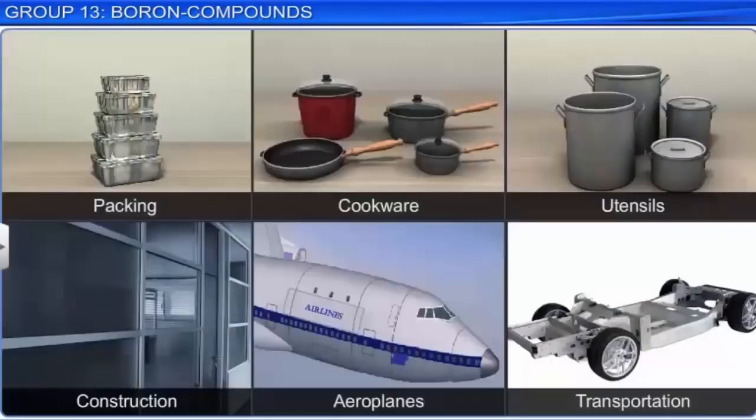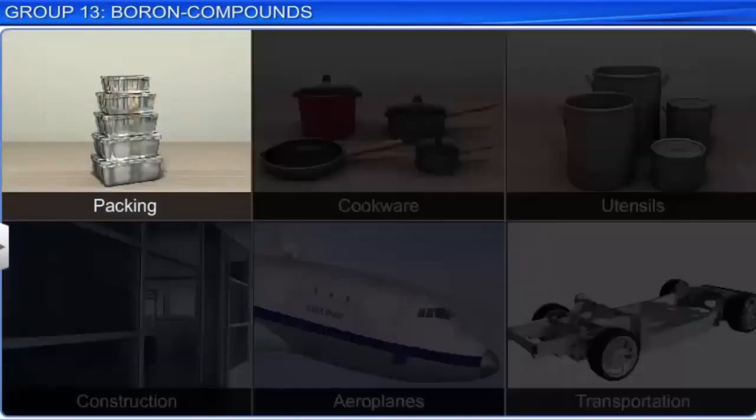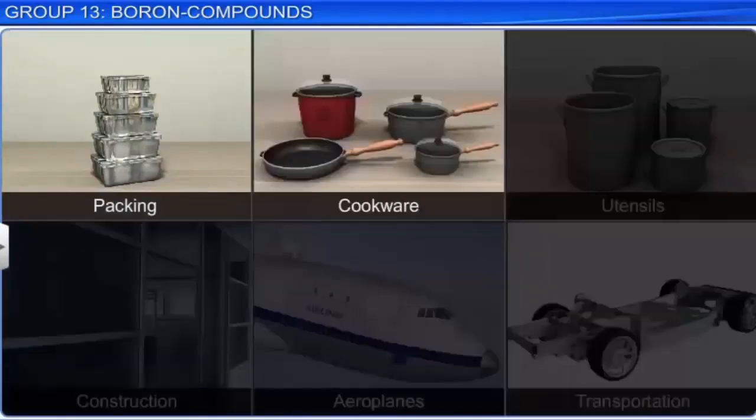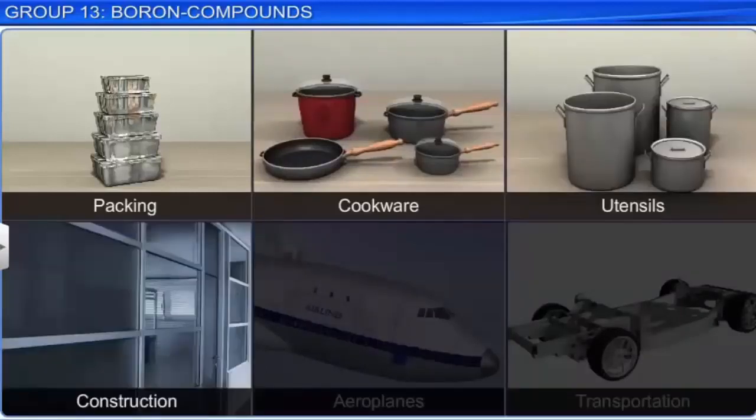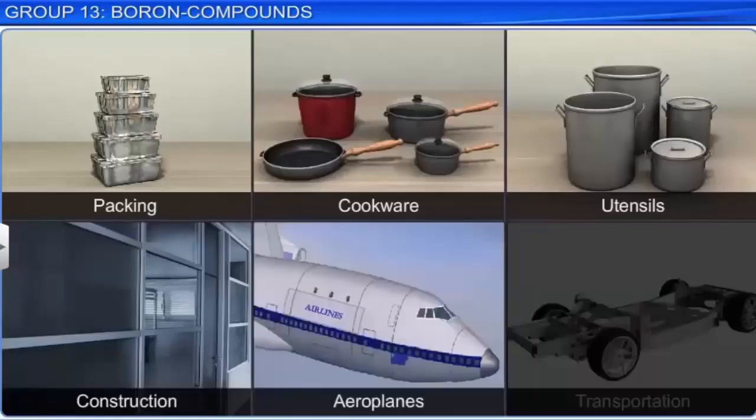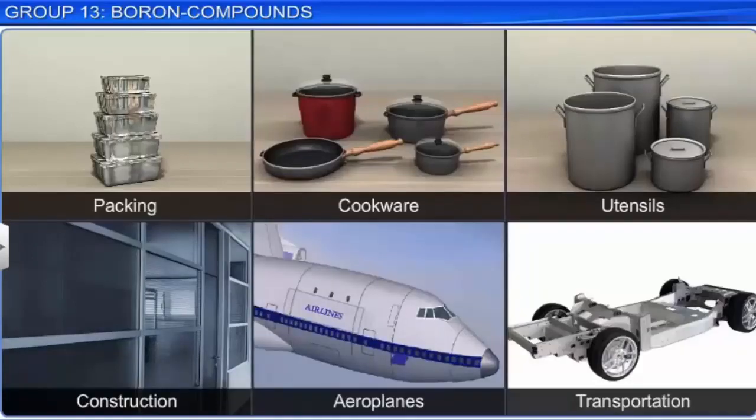Hence, aluminium and its alloys are widely used in packing, cookware, utensil making, construction, aeroplanes, and the transportation industry. Recycling of aluminium is significantly less expensive than mining and refining aluminium ore. It's better for the environment too. So always recycle your aluminium cans.